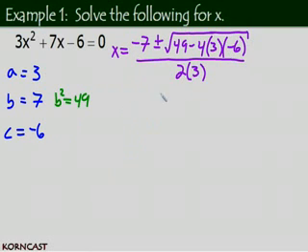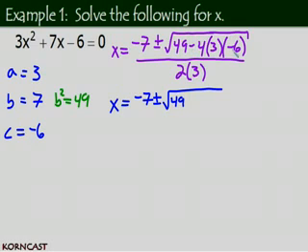Now after I substitute my a, b, and c values into my quadratic formula, it's time to use my order of operations and simplify this equation. So x equals negative 7 plus or minus square root 49.